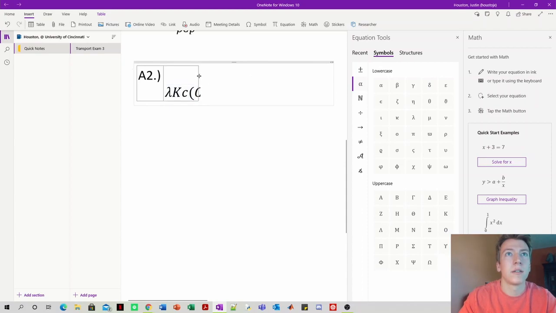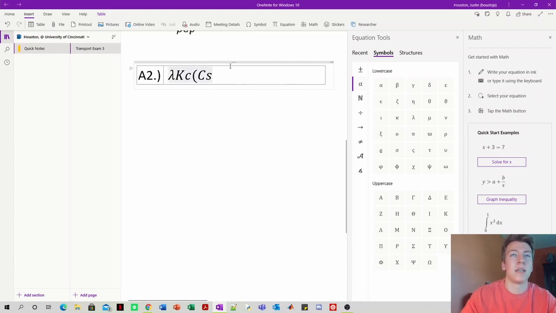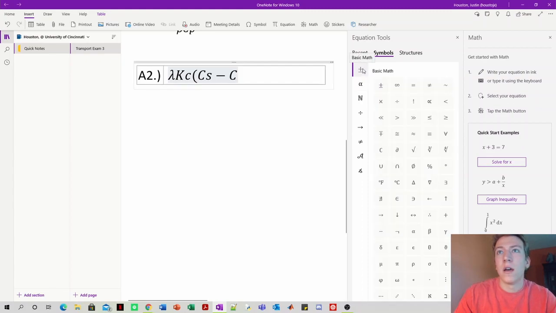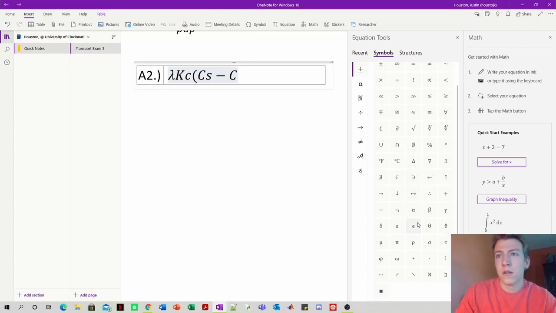I'm not sure why there's this text box here. All right, there we go. Times Cs, which is the concentration of water at the surface, minus C infinity, which is going to be the concentration of water far away from this surface.